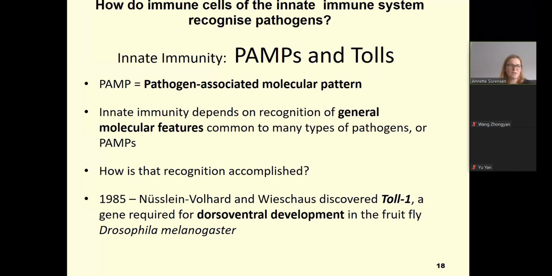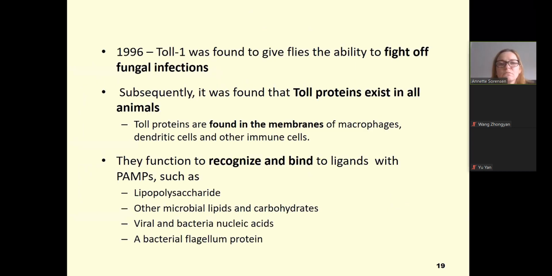Well, in 1985, two researchers, as you can see here, Wolfrath and Wieshaus, discovered that TOL1, which is a gene that is required for dorsal ventral development in the fruit flies and bacilli, also gave the flies the ability to fight off a fungal infection. So if the fly had TOL1, then they had an ability to fight off fungal infections.